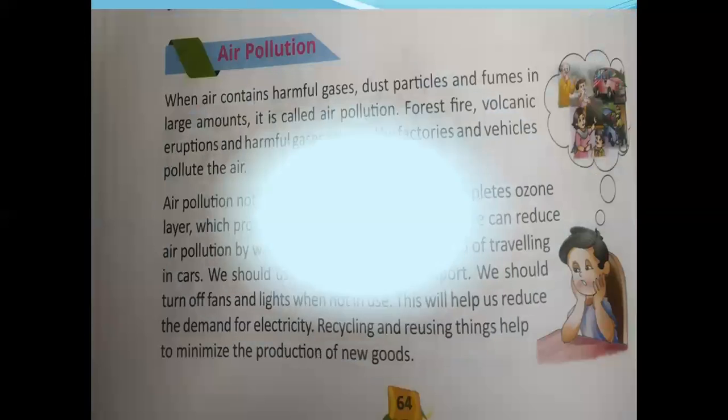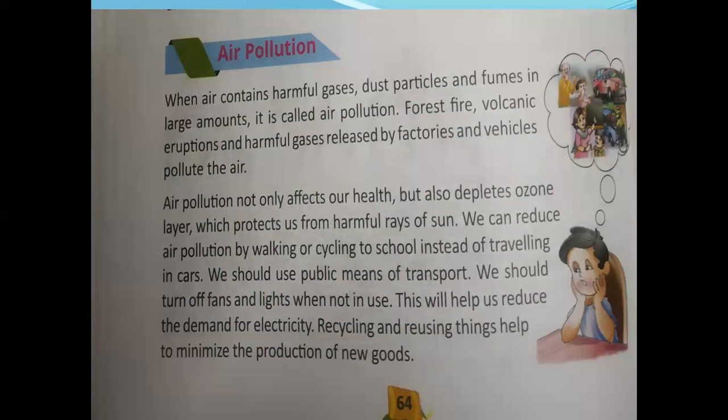Now, here is air pollution. This is a subtopic, air pollution. First, we will learn what it is. When air contains harmful gases, dust particles, and fumes in a large amount, it is called air pollution. Means when air is not proper or perfect for breathing or for our use, that is called air pollution.